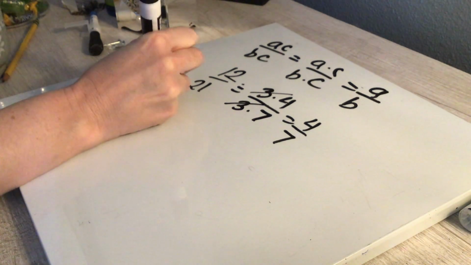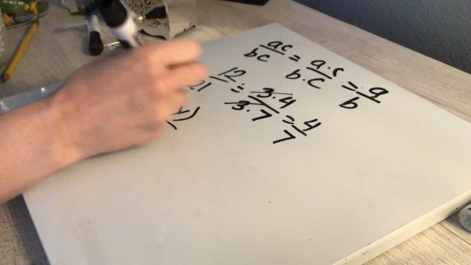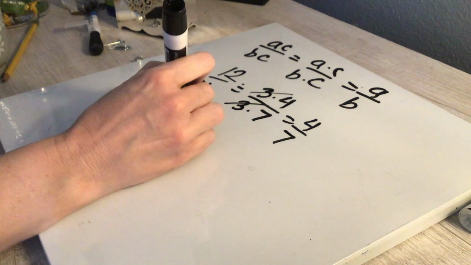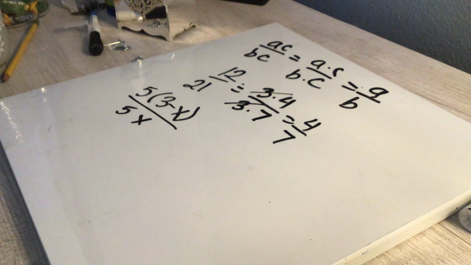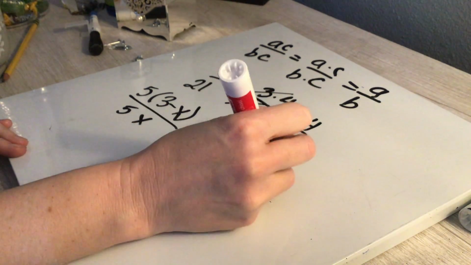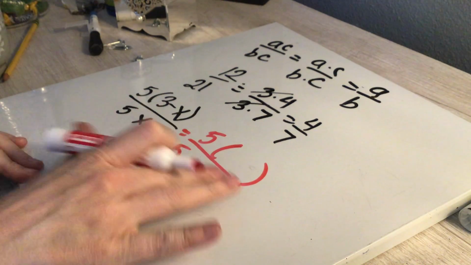So if I have 5 times the quantity 3 minus x over 5 times x, or just 5x, okay, because that's usually how we write it. I'm writing these as a product, okay? We have 5 times something over 5 times something, right?